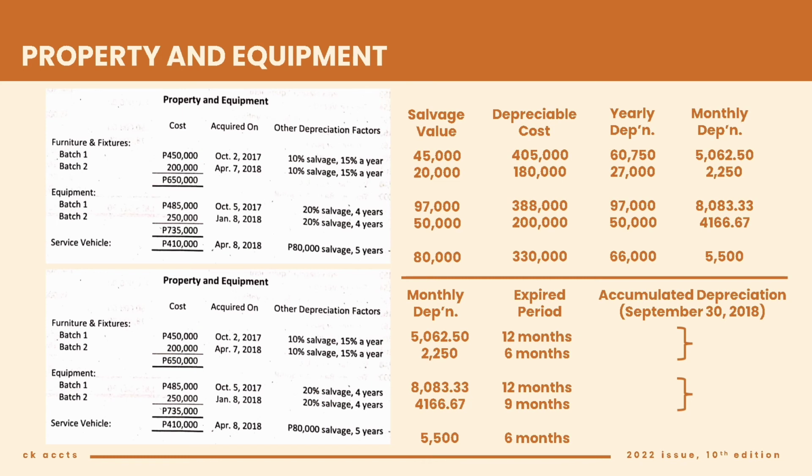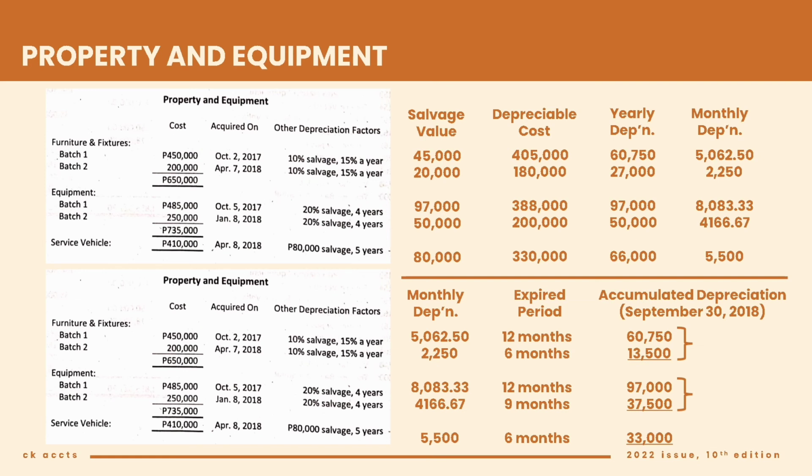Ngayon, we have to prove if tama ba yung accumulated depreciation na nakalagay dun sa ating post-closing trial balance. And for us to do that, we just have to multiply the monthly depreciation to the expired period na column. Okay? So, kapag minultiply natin sila, ito yung mga makukuha nating amounts. And we have 60,750 and 13,500 for furniture and fixtures.